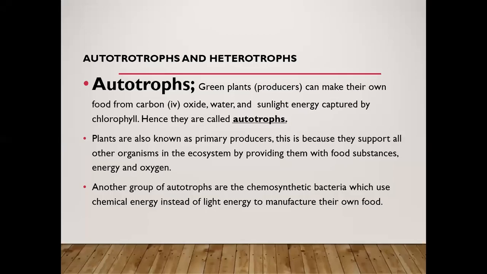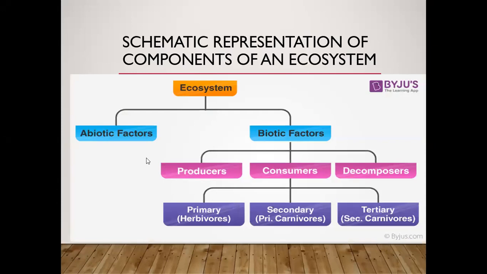Now, why do we call plants primary producers? They support all other organisms. How do they support all other organisms? If you remember from the charts I gave to you, producers are here. They will be fed upon by the consumers.